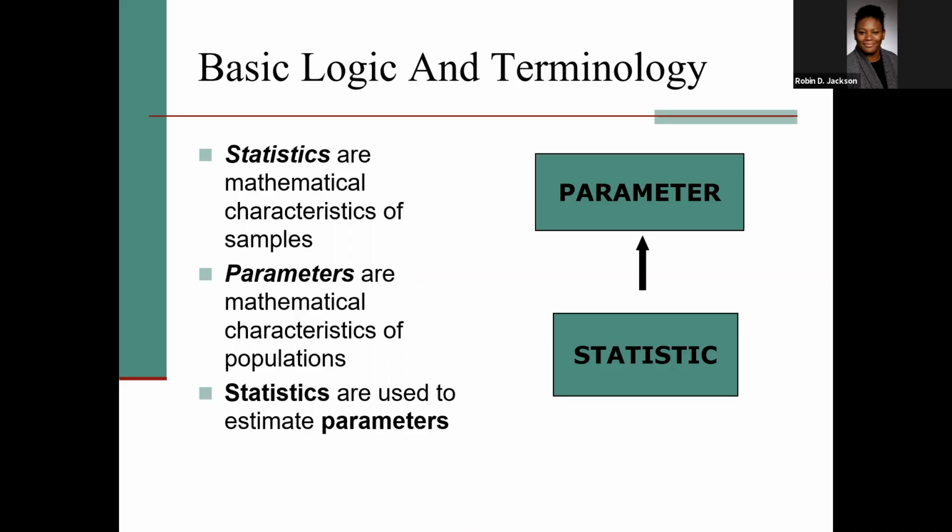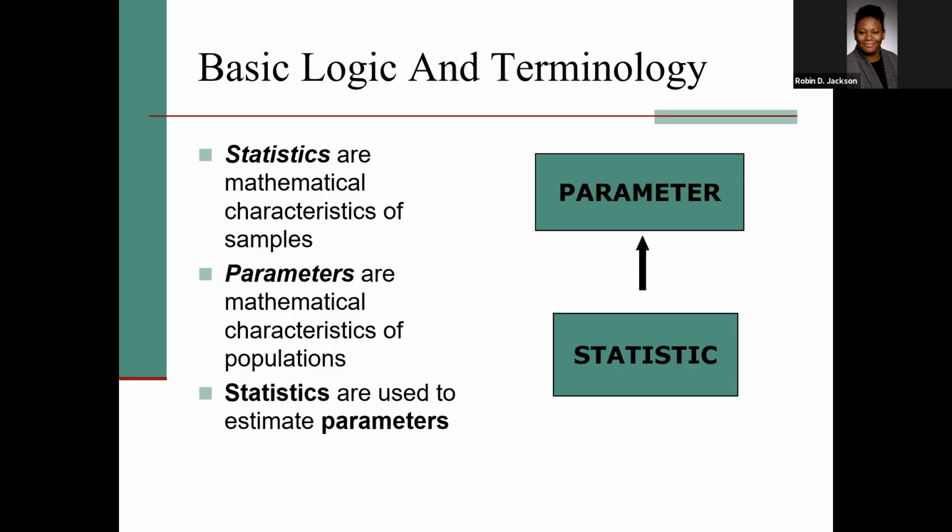A parameter is basically a mathematical characteristic of a population. Parameter, population, both of those start with a P. If it helps you remember which one goes with which, just remember parameter, population, both of them are P. Statistics, sample, both of those are with an S, okay? There are differences between the two.